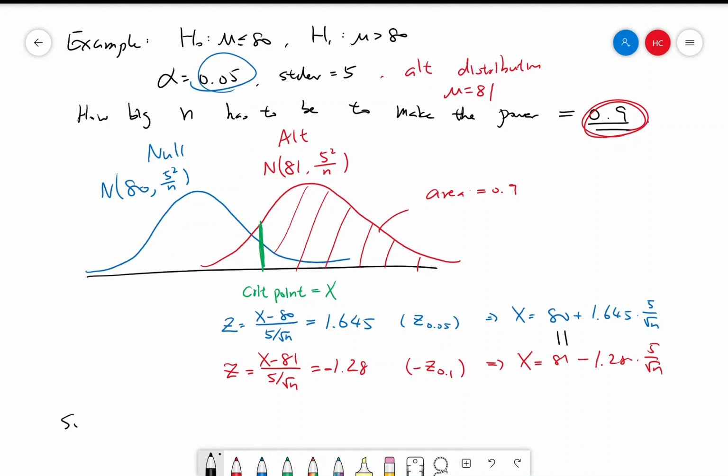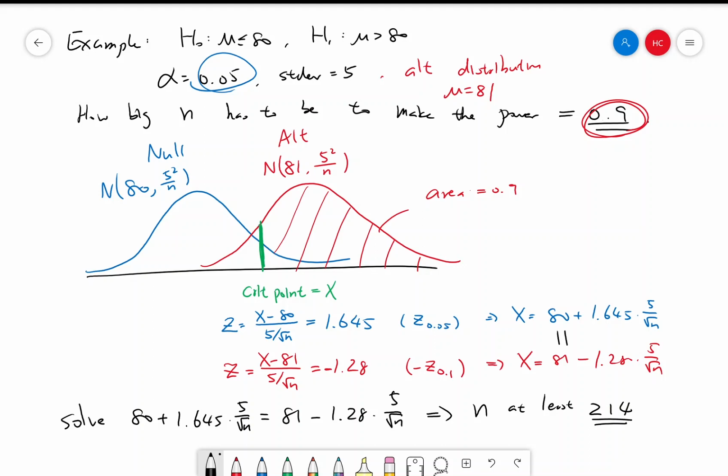So we can solve 80 plus 1.645 times 5 over root n equals 81 minus 1.28 times 5 over root n. You can use a calculator to solve this. n has to be at least 214. So this is the smallest size n has to be to make the power equal to at least 0.9. All right.